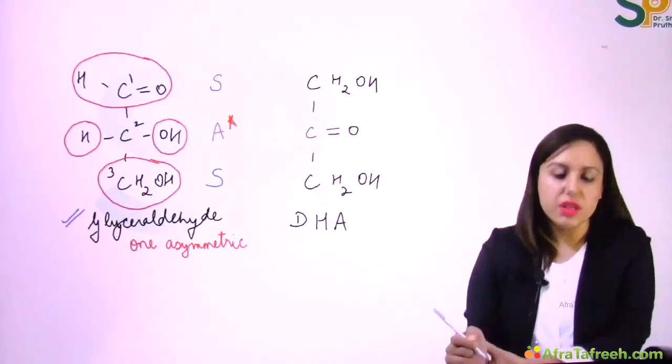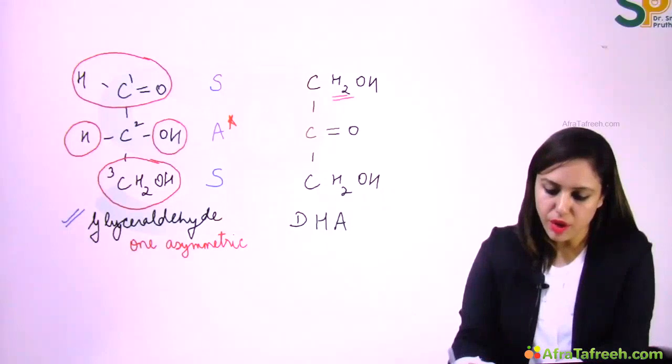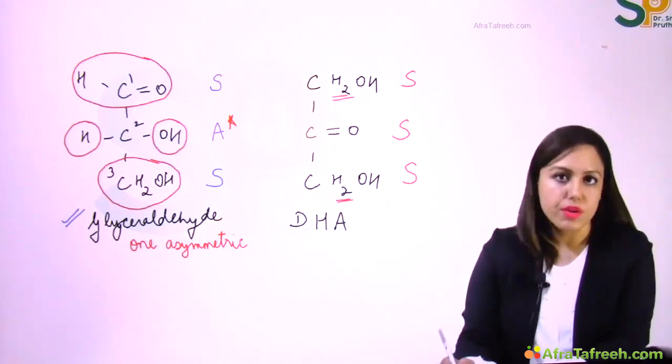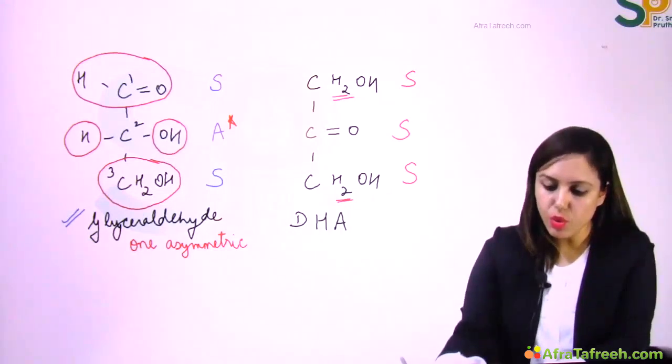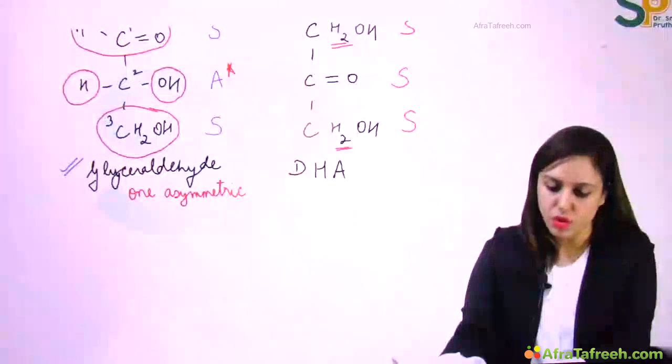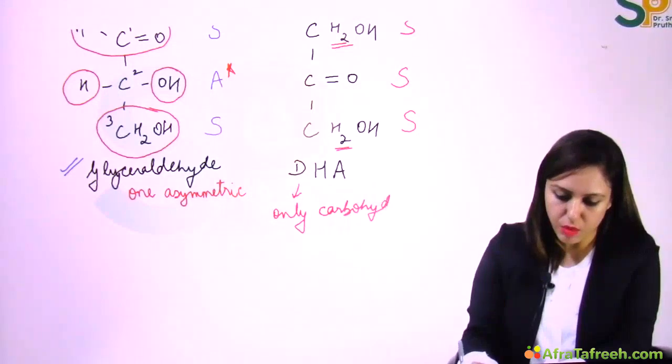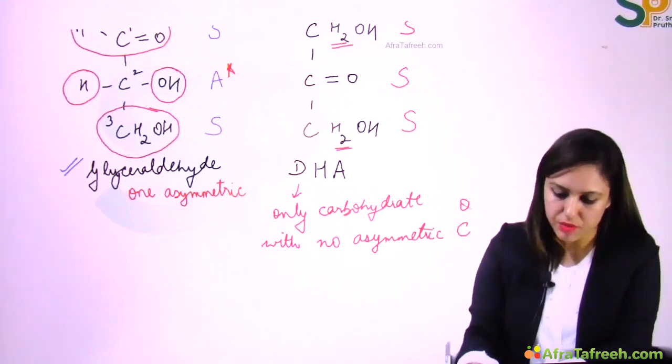Now see DHA. This is two hydrogen symmetric, two hydrogen symmetric, double bond O symmetric. So there is no asymmetric carbon in case of DHA. So DHA is the only carbohydrate with no asymmetric carbon, right?